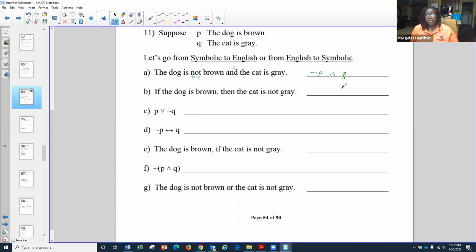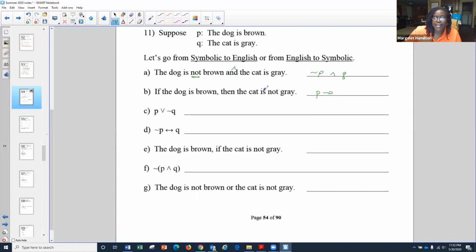All right, let's try this one. If the dog is brown, then the cat is not gray. It starts off with if, and we know we're talking about a conditional statement, so if then. If the dog is brown, the dog is brown is P. So we have P implies.